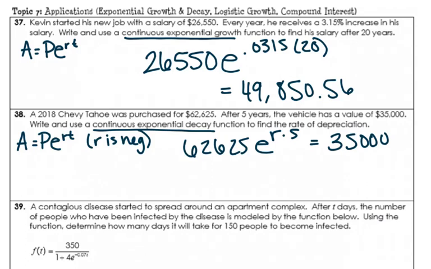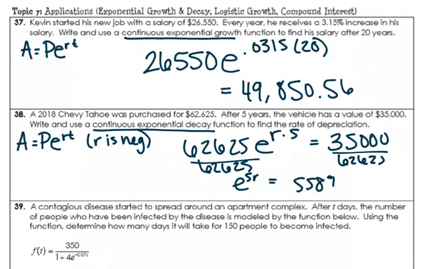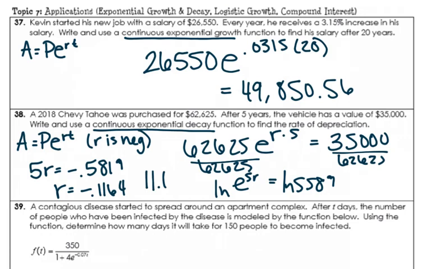So I'm going to divide both sides by 62,000. e to the 5r equals this. I'm going to take the natural log of both sides, so I get 5r equals this, and then I would divide both sides by 5. And remember that this is a percentage, so I'm going to change it back to percent.